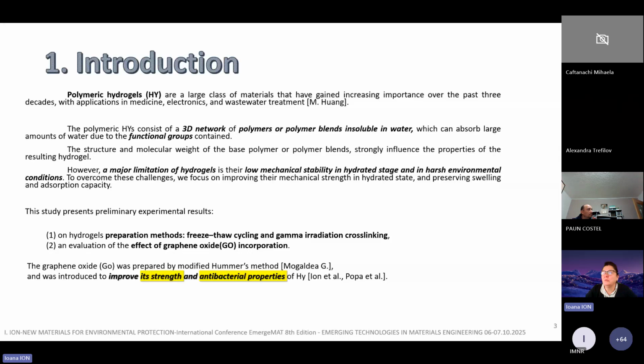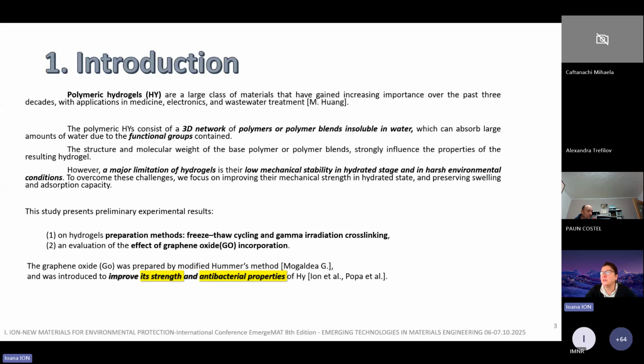This is related to the possibility of obtaining them from many types of polymers and by a few methods, like chemical cross-linking, physical cross-linking, and mixing methods. For this reason, polymeric hydrogels have a large variety of properties and a large variety of applications.